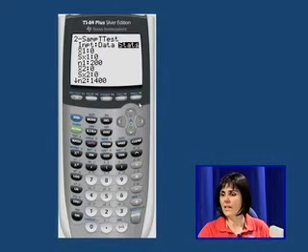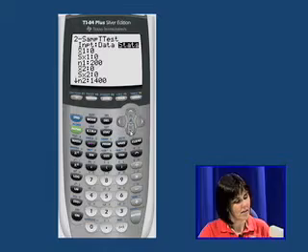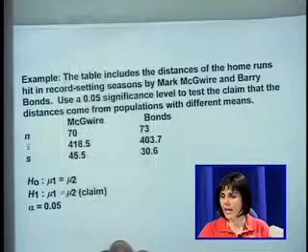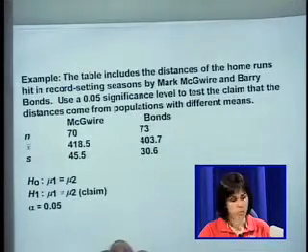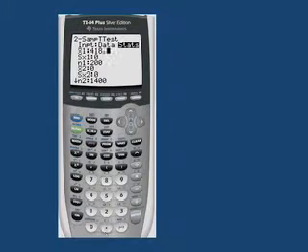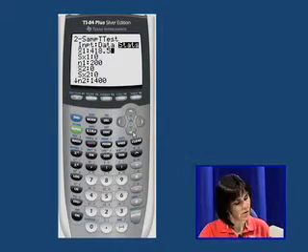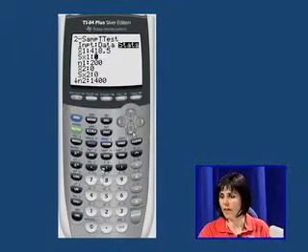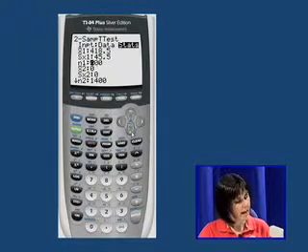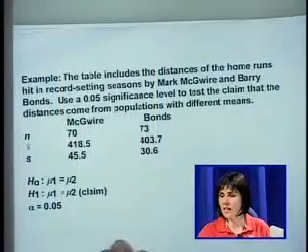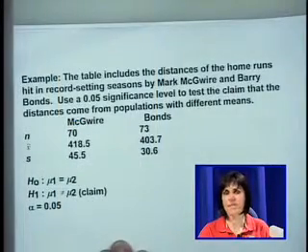The first one is going to be McGwire, so that's going to be 418.5. Sx1 is going to be 45.5, and n equals 70. That's given.